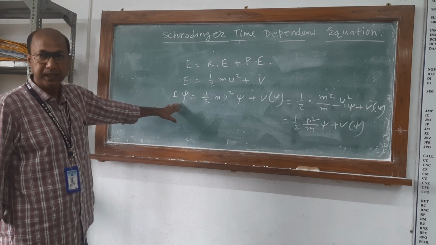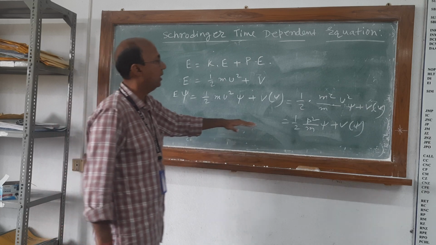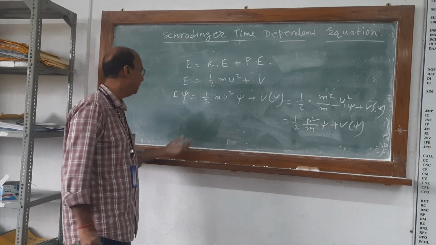Now from equations 2 and 3, we have to put the values of E psi and p squared psi here.